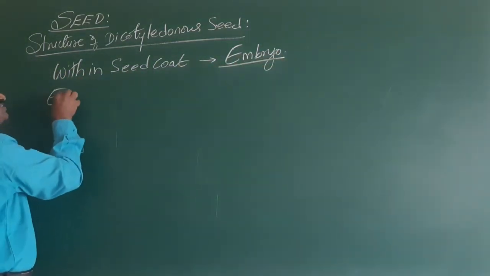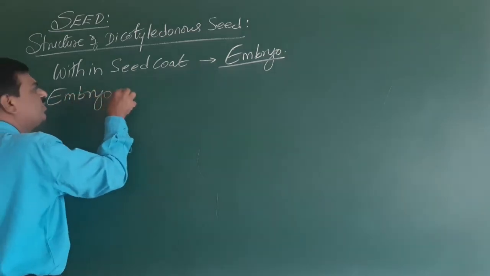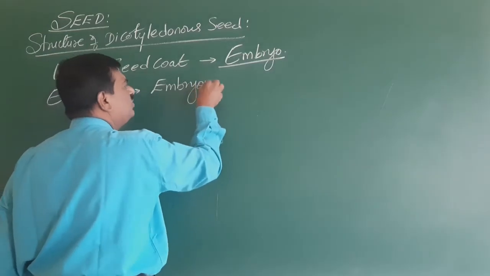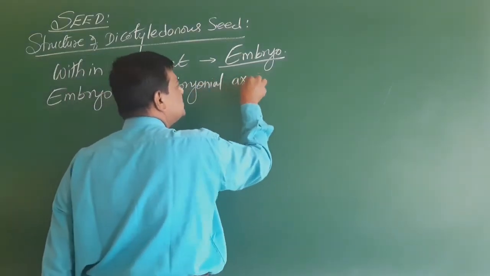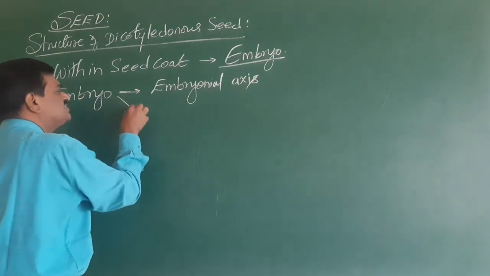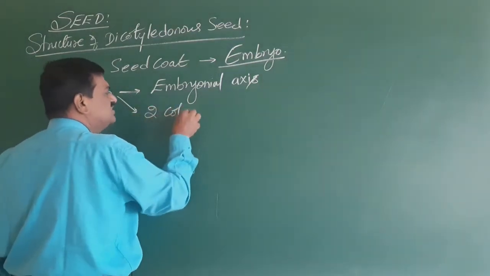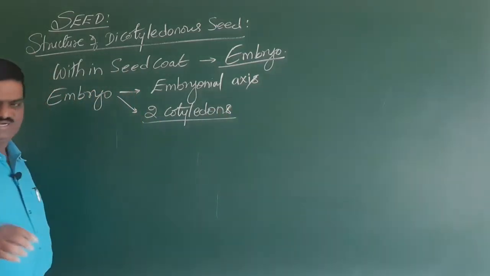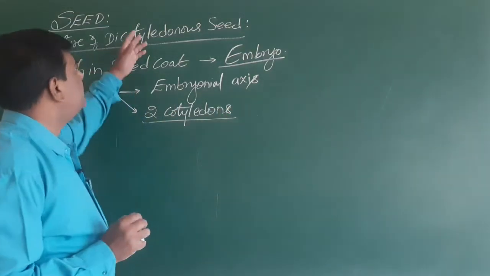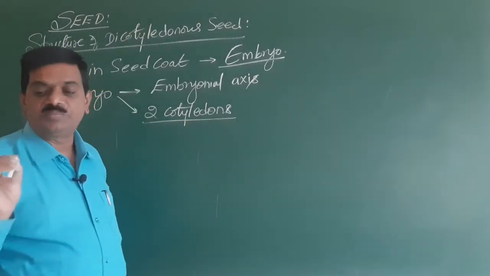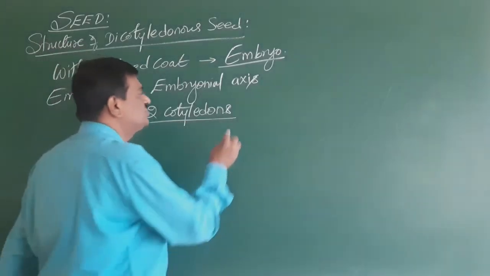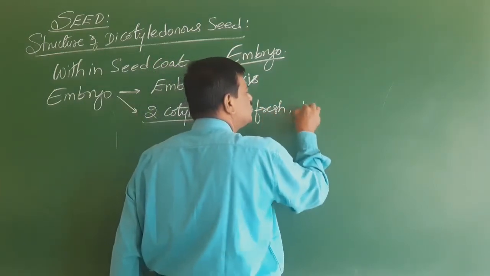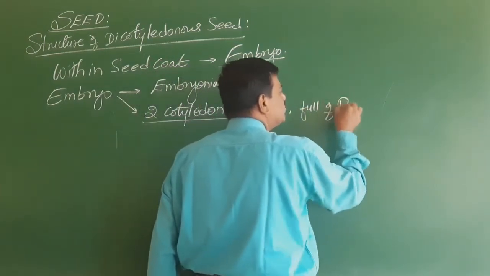The embryo has embryonal axis, and along with the embryonal axis, it has two cotyledons. So we know that in a dicot two cotyledons are present, and these cotyledons are always fleshy and full of reserve food.